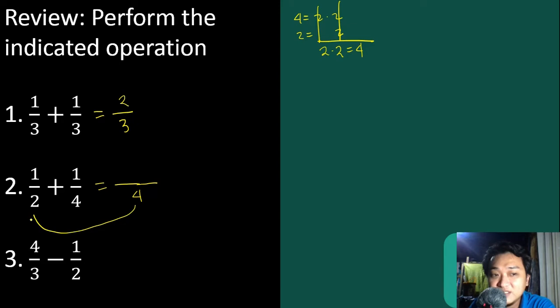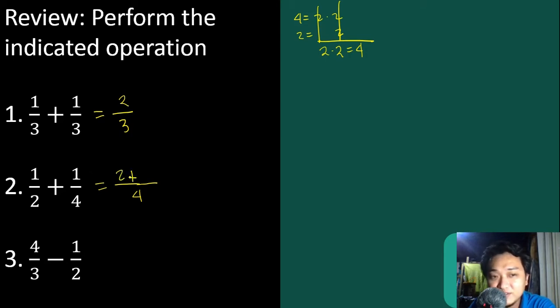Tapos, i-divide natin, di ba? Pag ganun, i-divide natin, division, tapos, i-multiply pa natin, papunta sa taas, times yun. So, paano ginagawa yun? 4, remember up, divide yung papunta ron, 4 divided by 2 is 2, times 1 is 2.